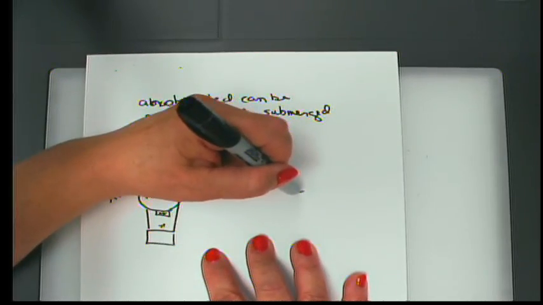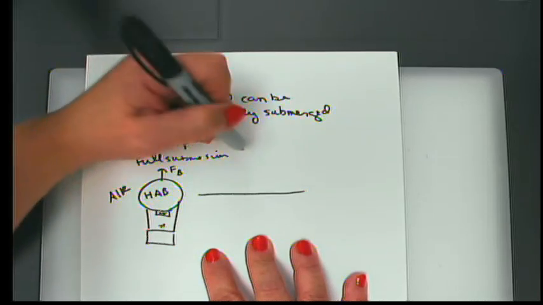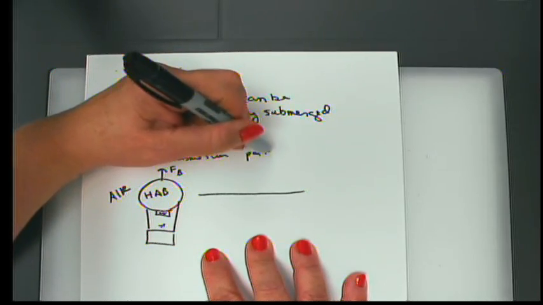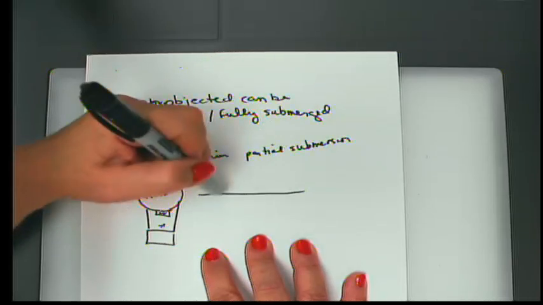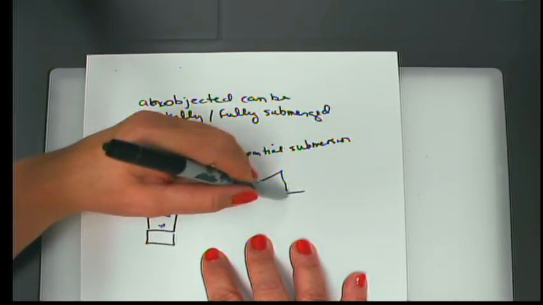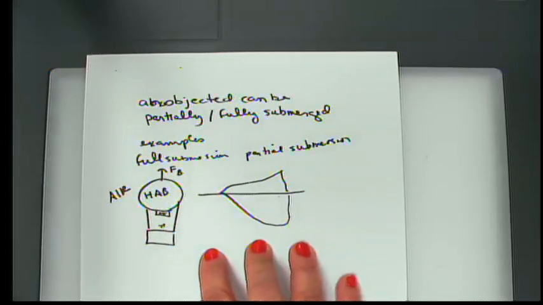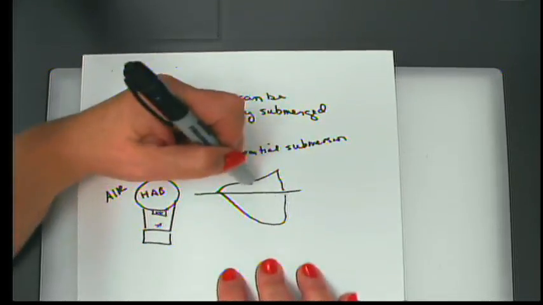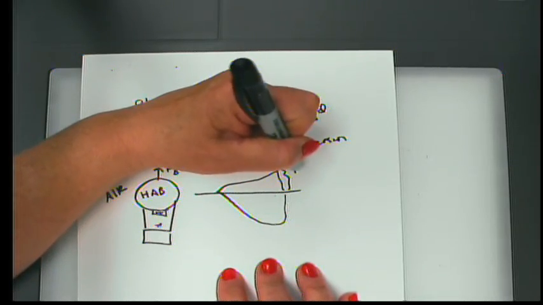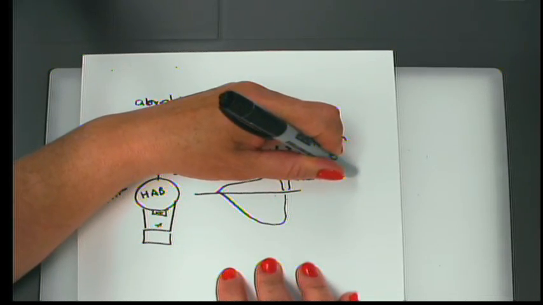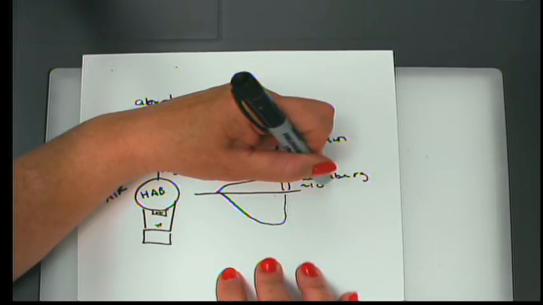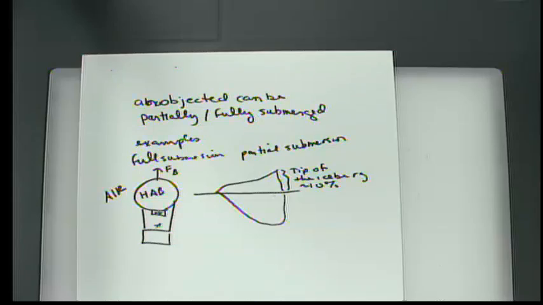Some other examples of full or partial submersion would be an iceberg floating in the ocean. And you've heard the expression tip of the iceberg, meaning that generally speaking, I believe about 10% of the volume of the iceberg actually floats above the water.